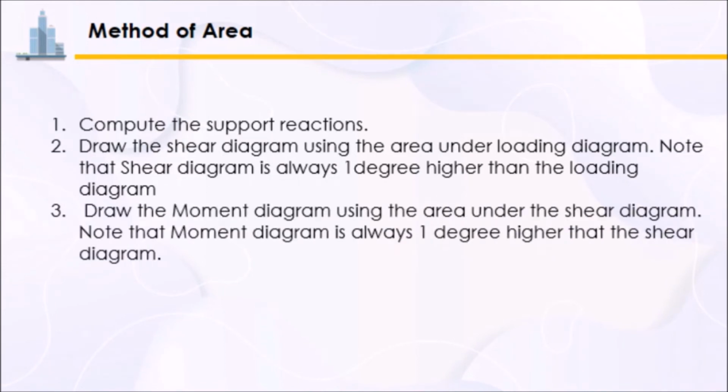Next is to draw the moment diagram using the area under the shear. Note that moment diagram is always 1 degree higher than the shear diagram. Pag nagawa na natin yung shear diagram using the area of shear diagram, so maidodrawing na natin yung moment diagram natin. Take note class, palaging 1 degree higher sila sa sinusundan nila.